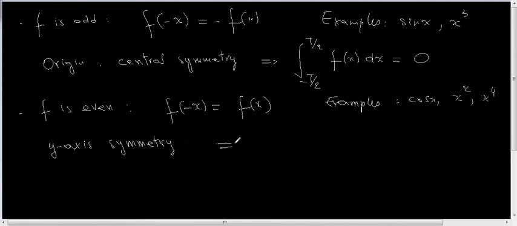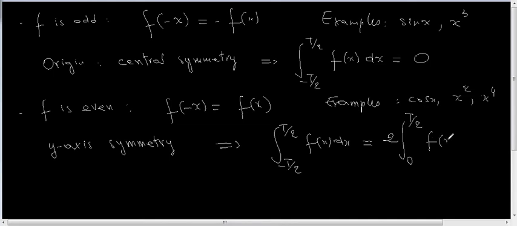Now, the result is that if you integrate between minus T over 2 and T over 2 of f of x dx, it will be the same surface area before 0 and after 0. So we just need to integrate between 0 and T over 2 and then multiply it by 2.